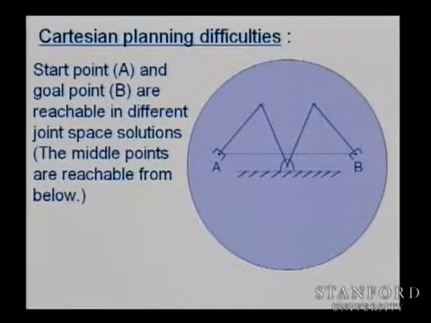So we cannot go from point A to point B in a continuous motion along that path, because point A is reachable from the left configuration if you want, and point B is reachable from the right configuration, and they are not intersecting in the middle. Okay? So this is the type of problems that we can encounter when we are planning in Cartesian space only.